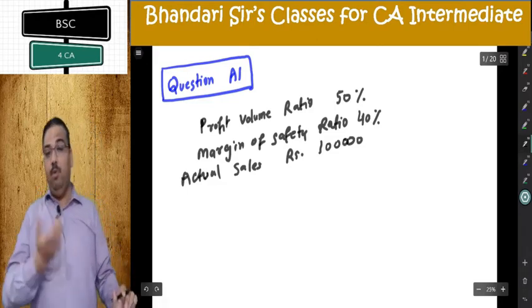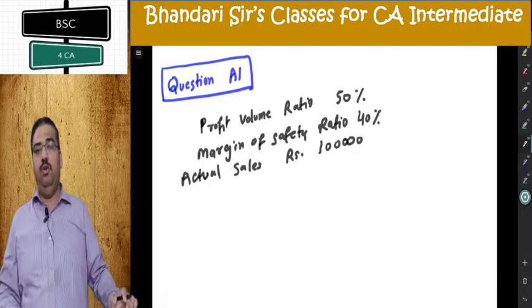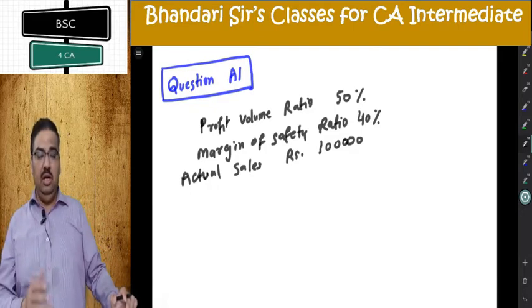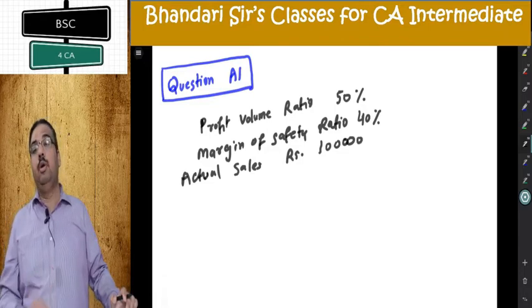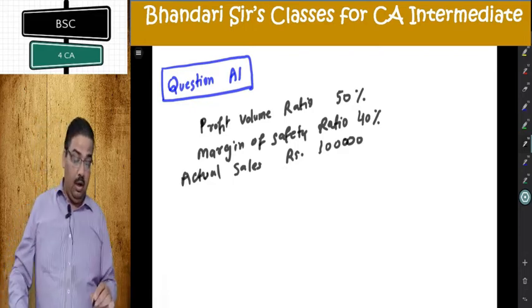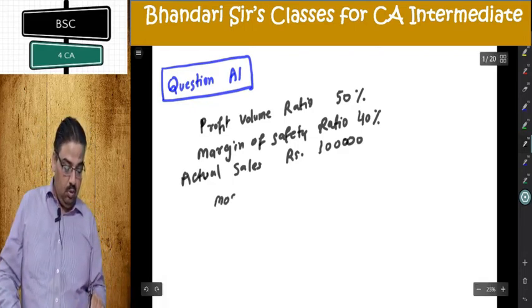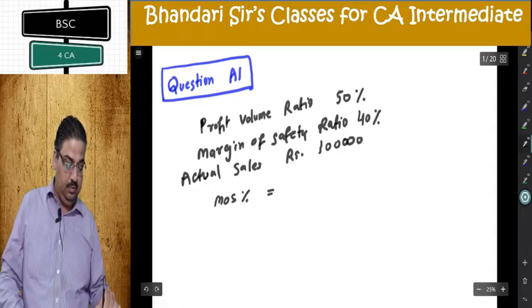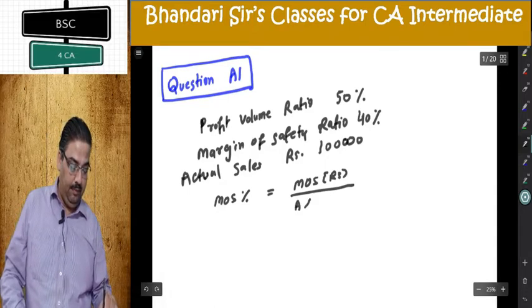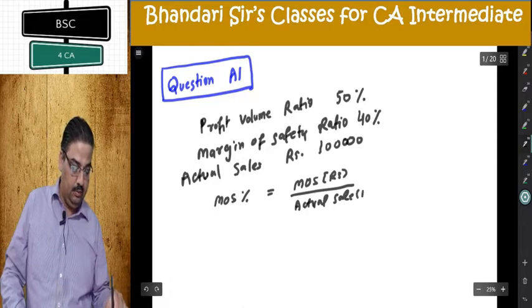So what can I compute from the two formulas? From the first formula, I can get contribution of 50,000. Not needed at the moment. I require to compute net profit, which will not come from there. Second formula: MOS percentage is MOS in rupees divided by actual sale in rupees into 100.